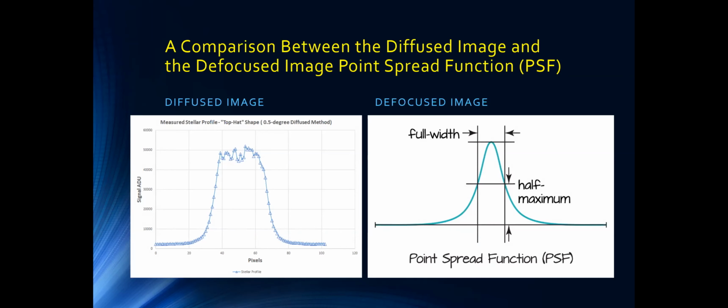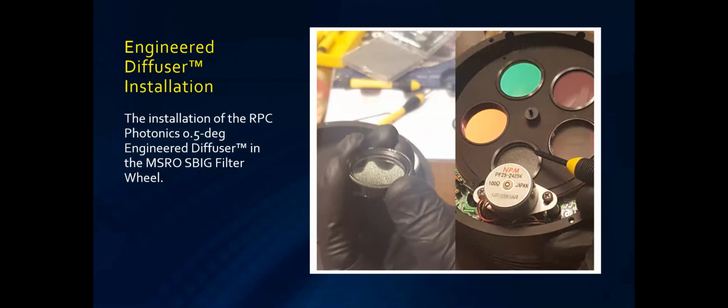There's a couple of ramifications for that. One is that the defocused image does not mitigate the scintillation of the sky, whether the short-term or the long-term scintillation, where the diffused image does. Here's a photograph of what the diffuser looks like, and it's installed as a standard filter in a filter wheel on our system.